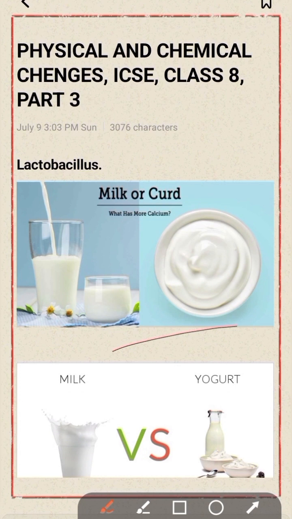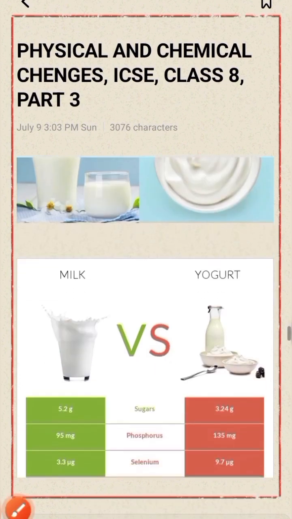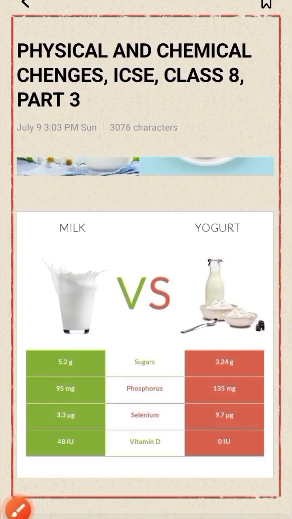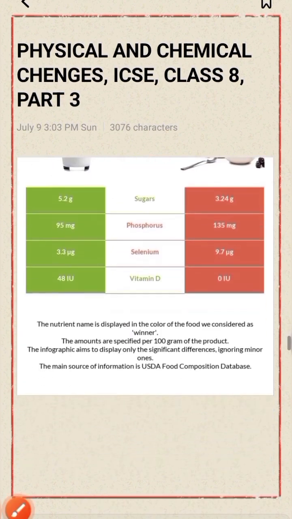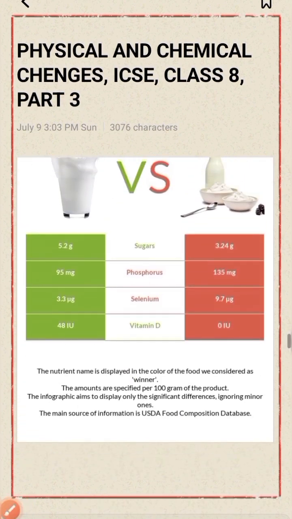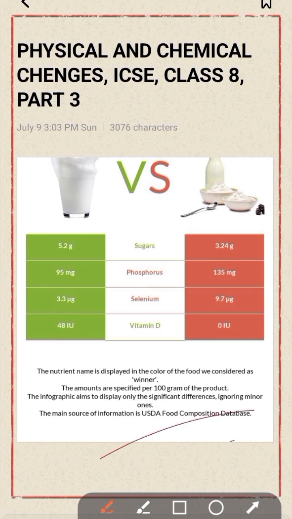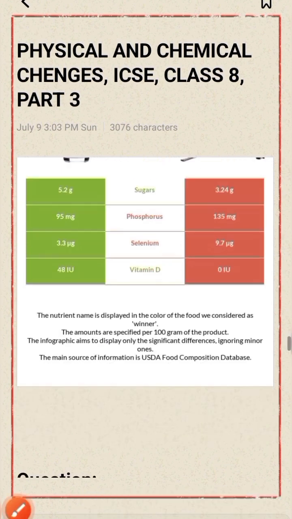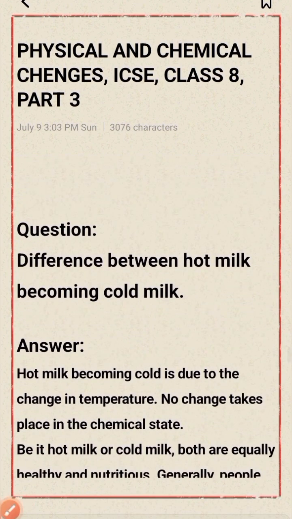Milk or curd. Okay, next question: difference with hot milk becoming cold milk. Hot milk becoming cold is due to the change in temperature.